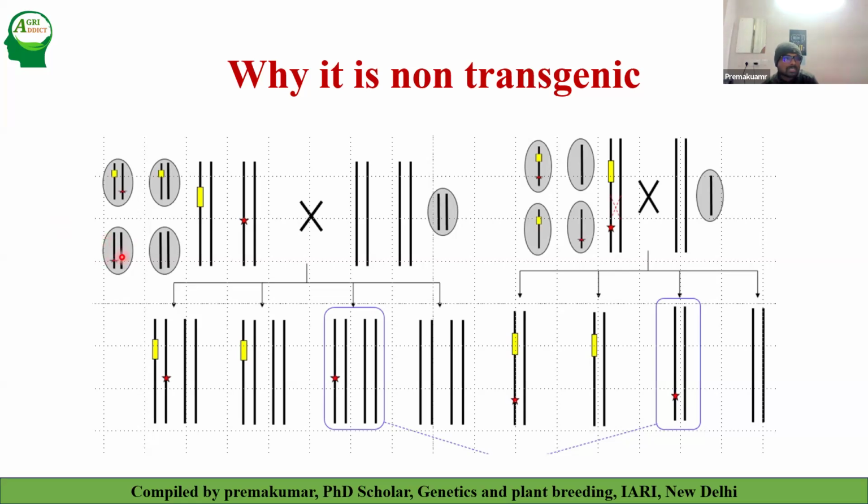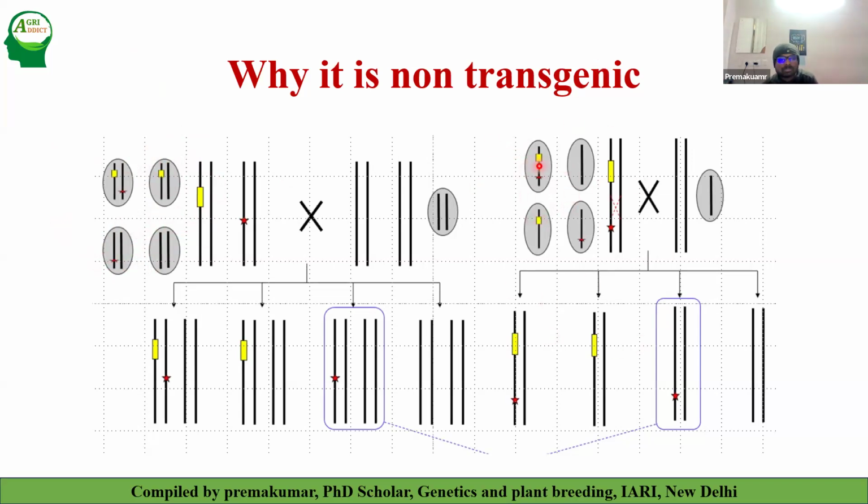In some gametes, you may have only the mutation without the marker gene, and in some gametes no mutation, no transgene, nothing. It's a normal gamete. And some gametes have only the marker gene. All four types of gametes are possible in this case, and all four types are possible in the other case.